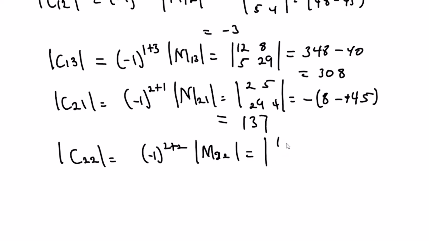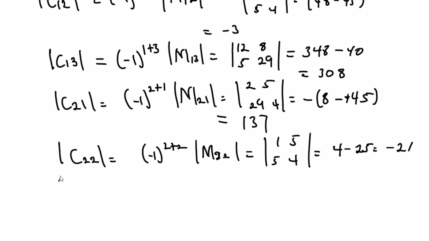We have 1 5 5 4. Okay, so our result will be 4 minus 25, then we have negative 21.